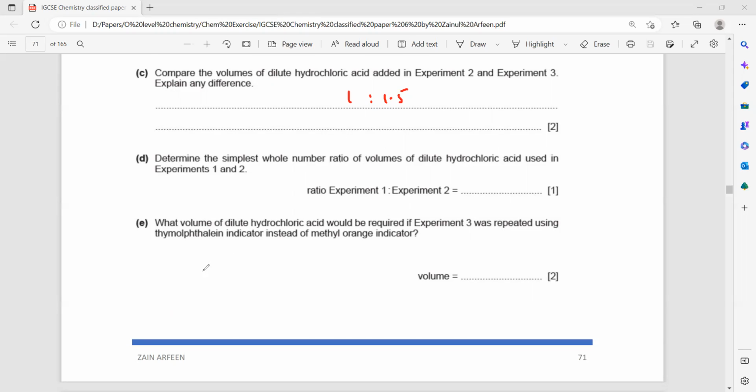That's the same thing I am doing. For example, we have E and F, and we took 25 cm³ of E and F. When we did experiment 1, we need 10.1 cm³. When we did experiment 2, the ratio of the volume is 1 is to 1.5, that we worked out.